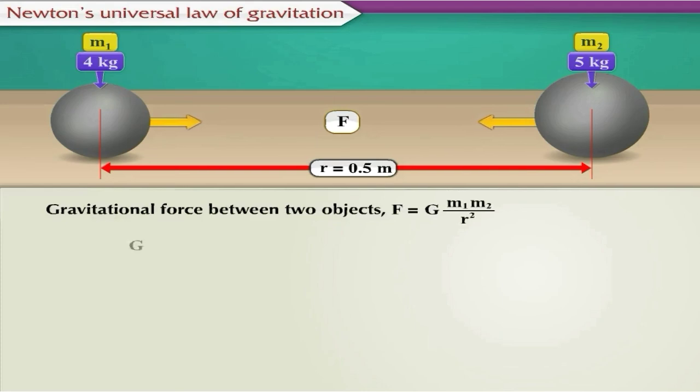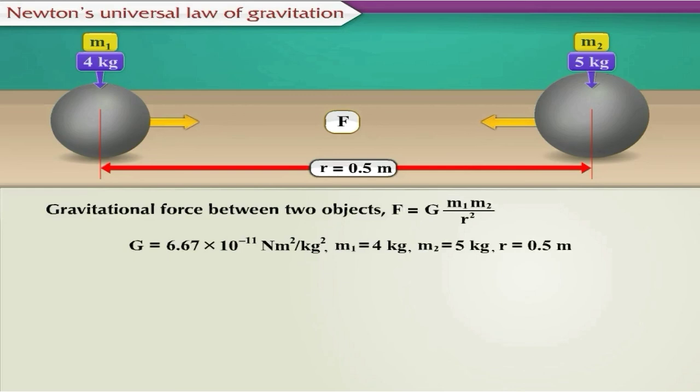Here, G is equal to 6.67 into 10 raised to minus 11 Newton meter square per kilogram square. m1 is equal to 4 kilograms. m2 is equal to 5 kilograms. r is equal to 0.5 meter.